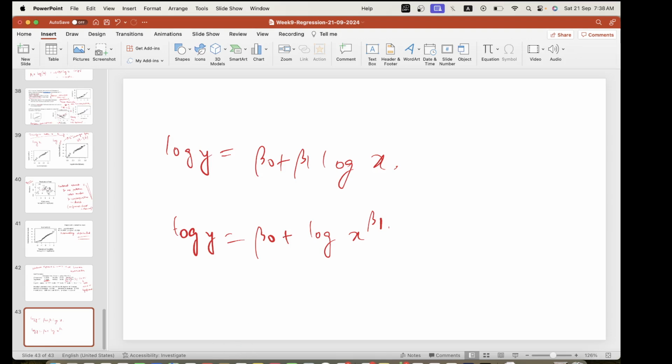Now this is one model. The second is log of y star equals beta naught plus log of 2x to the power beta 1.